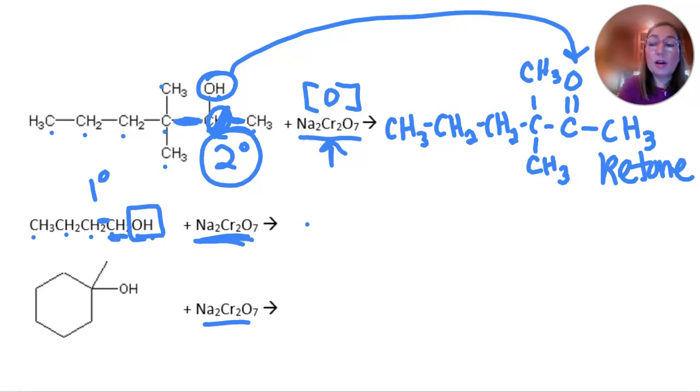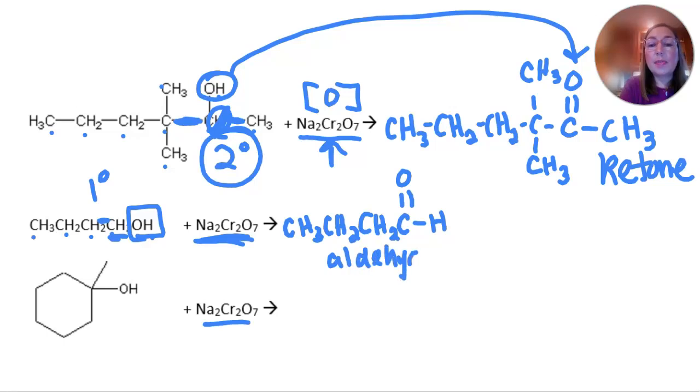We can show how they go through the aldehyde if we want, but we have to remember to end at the carboxylic acid. So we're going to copy this all down, CH3, CH2, CH2, and then our last C is going to have a double bond O and then an H. We can go through the aldehyde, but we can't stop there.